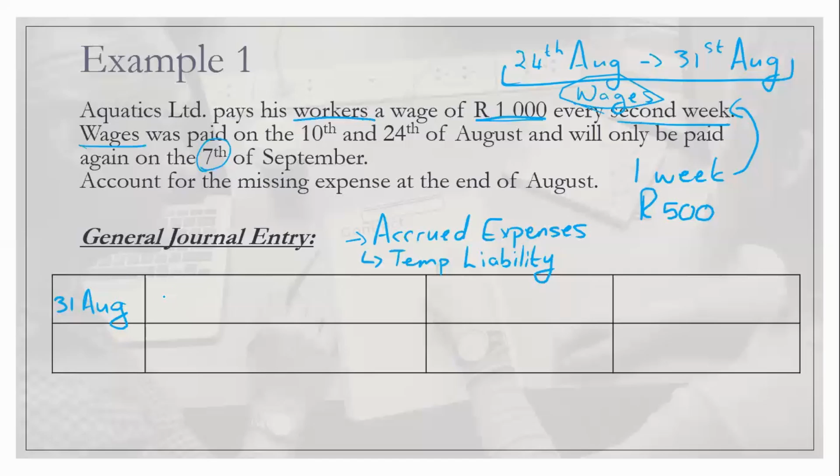The wages would increase because we still need to pay it, which means that we debit wages and credit then accrued expense.